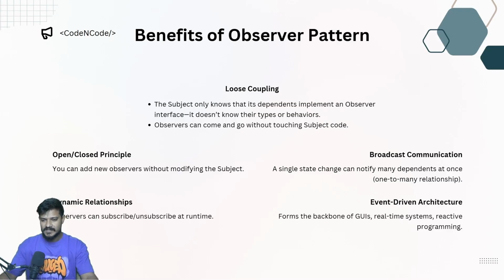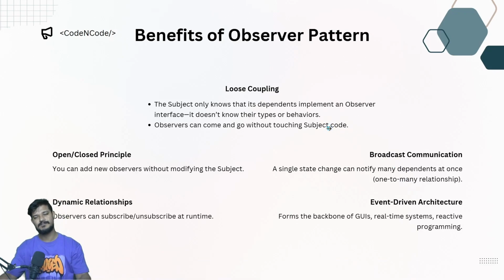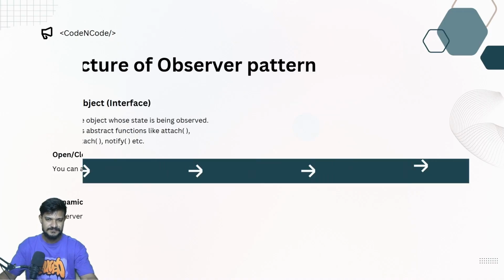Whenever a certain event happens, like event listeners or changes in the GUI, that change is broadcasted to all of the listeners. So it works on the event-driven architecture. Okay, so these are some of the benefits of the observer pattern. There are more, but we'll cover only these in this lecture.